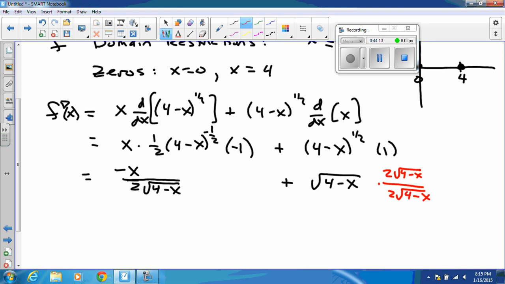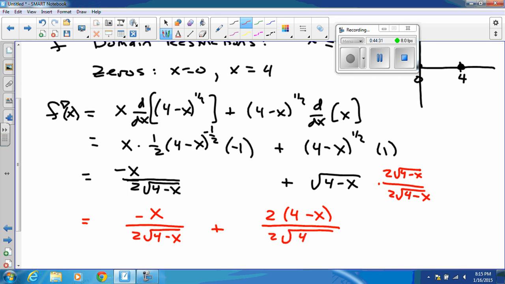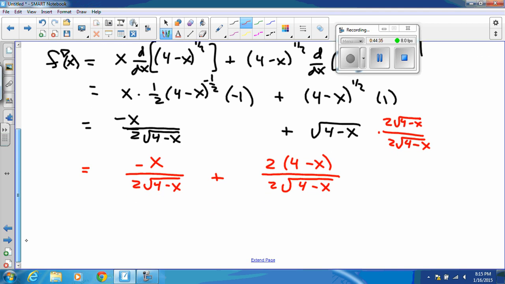Take a minute to make sure that you agree with the algebra here. Now, because I want to set this equal to 0 and evaluate the sign and so on and so forth, it makes sense to get a common denominator here. So I'm going to multiply top and bottom of this term by 2 root 4 minus x.